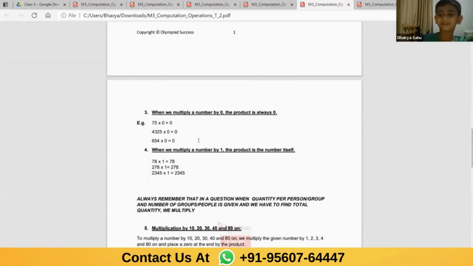All the numbers that come in the table of 10 are the multiples of 10, like 10, 20, 30, up to 90. And when it becomes 100, all the numbers that come in the table of 100 are multiples of 100, like 100, 200, 300, up to 900.